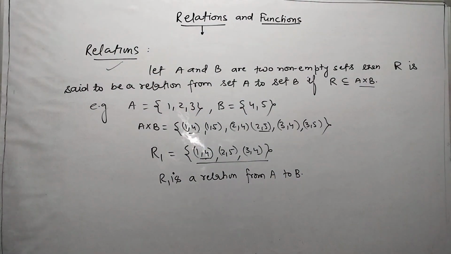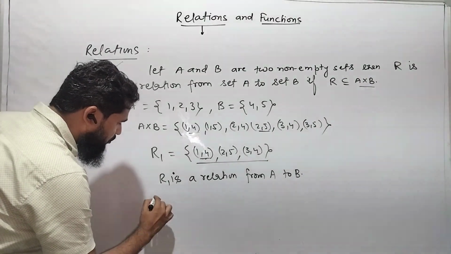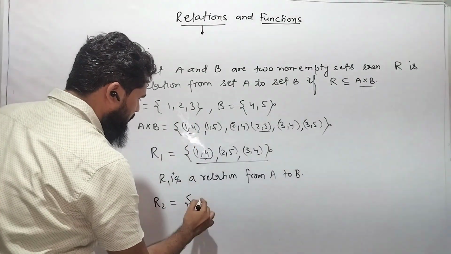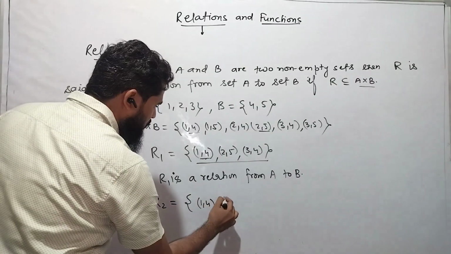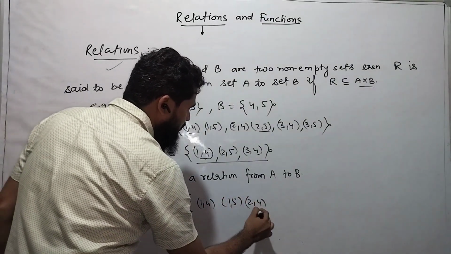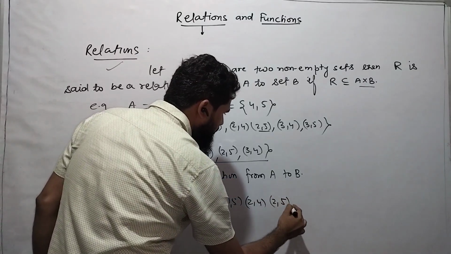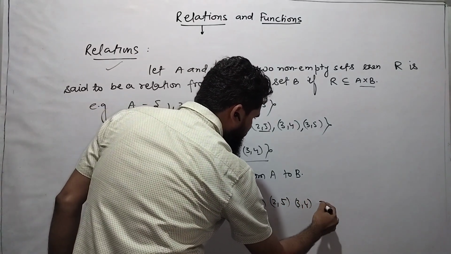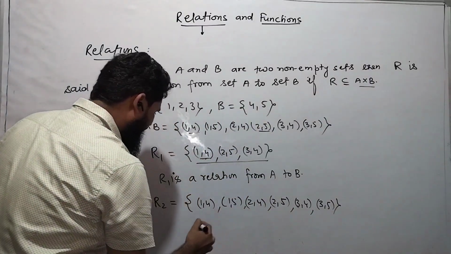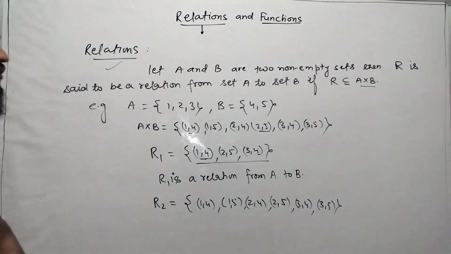Now, similarly, if R2 is equal to {(1,4), (1,5), (2,4), (2,5), (3,4), (3,5)}. Is this R2 a subset of A cross B?